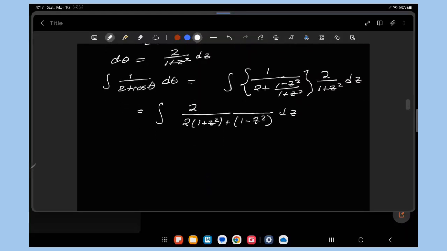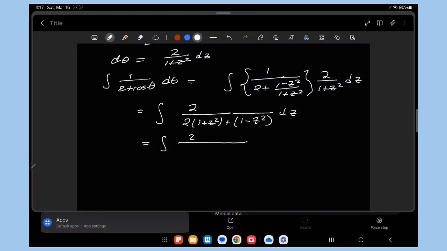And this can be simplified a little bit further using a little bit of algebra. Well, the numerator is going to be 2, and the denominator: 2 times 1 plus z squared is equal to 2 plus 2z squared.